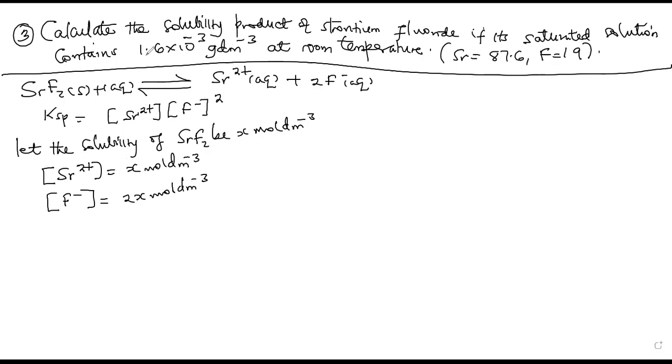But to convert this concentration from grams per decimeter cubed to moles per decimeter cubed, I need the relative formula mass or molar mass of strontium fluoride, and that is going to be equal to 87.6 plus 19 times 2, because there you have 2 atoms of fluorine. 38 plus 87.6, 125.6.